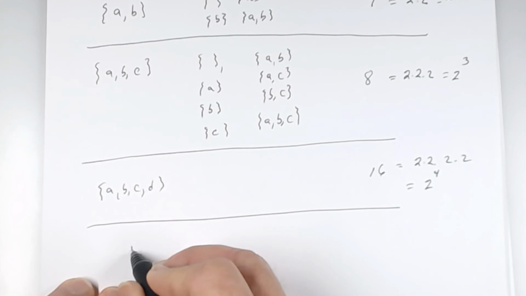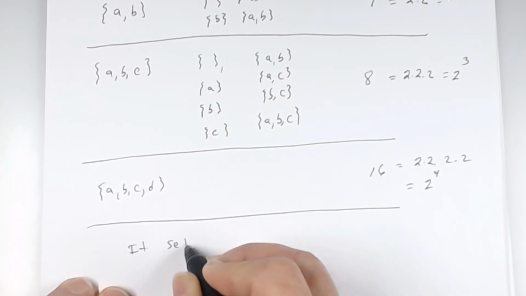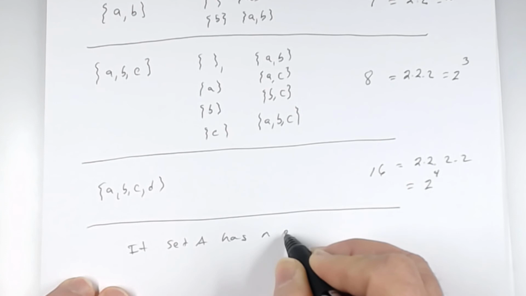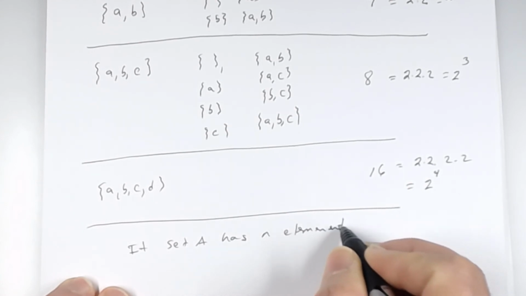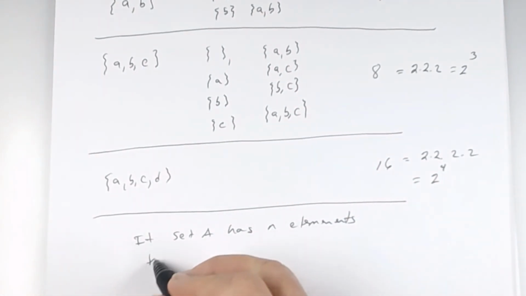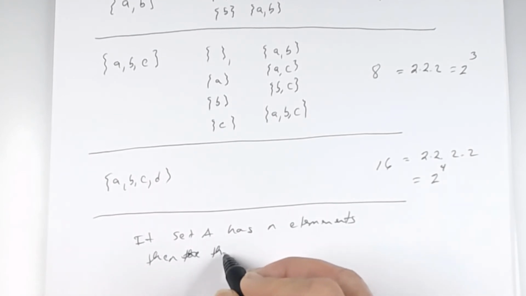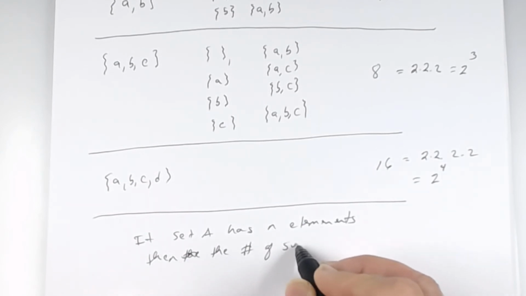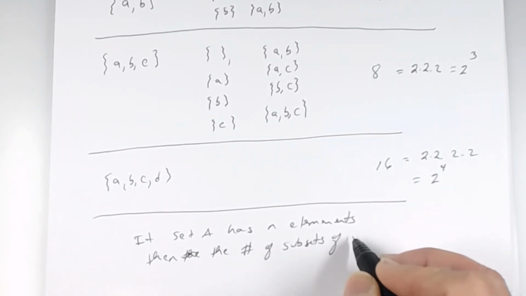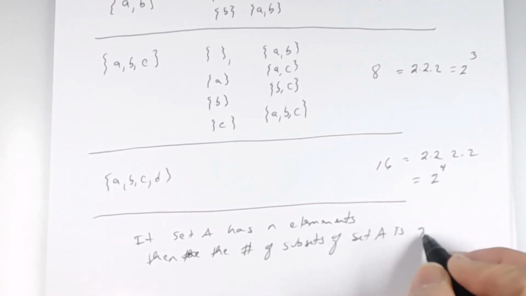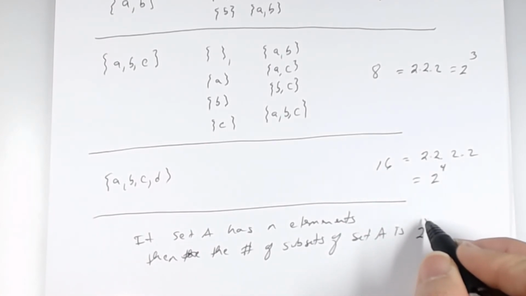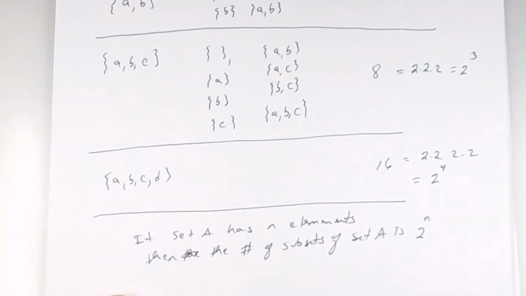If set A has n elements, then the number of subsets of set A is 2 to what power? N. 2 to the n. Okay? So 2 to the n. So let's go back to our notes and let's fill that in.